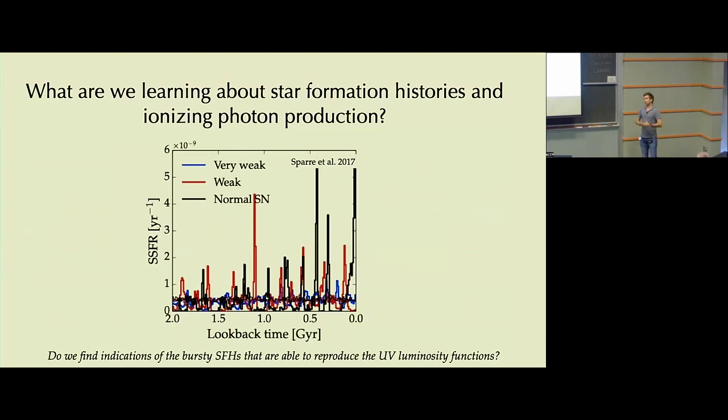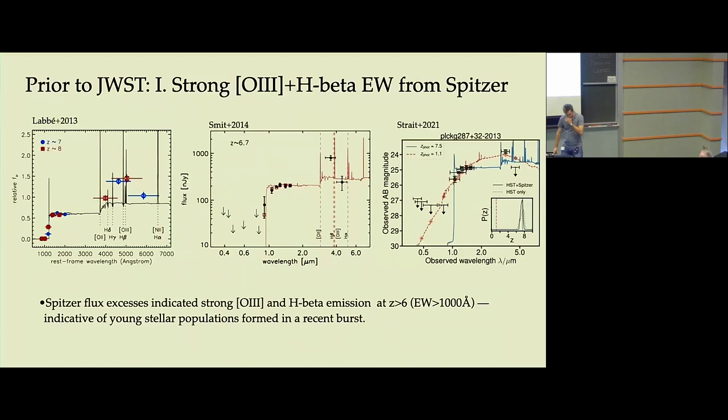When we look at the properties of these galaxies, do we find indications of the bursty star formation histories that appear able to at least be an important part of explaining the census of galaxies that we're now measuring at redshifts 12 and higher? Again, this topic got its start over a decade ago with Hubble and Spitzer.